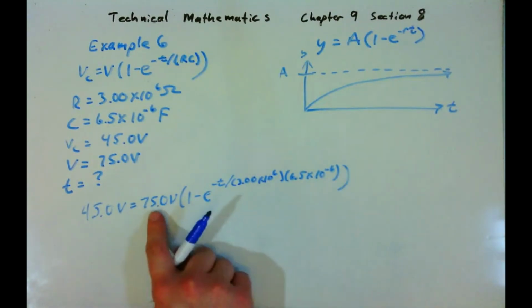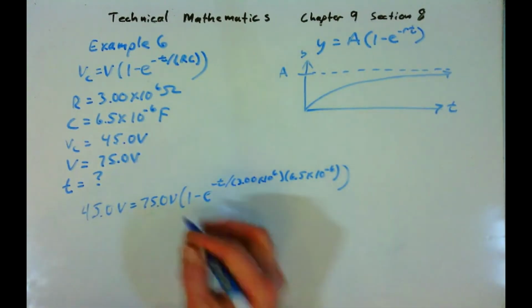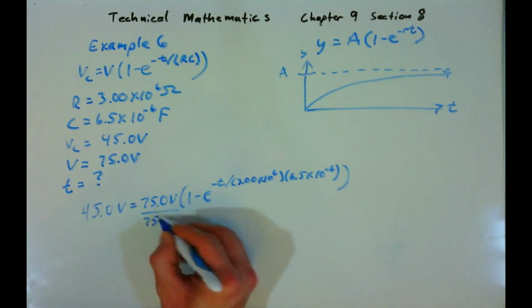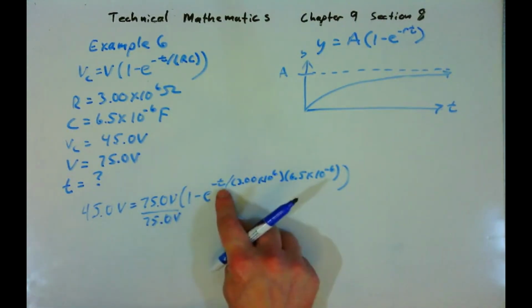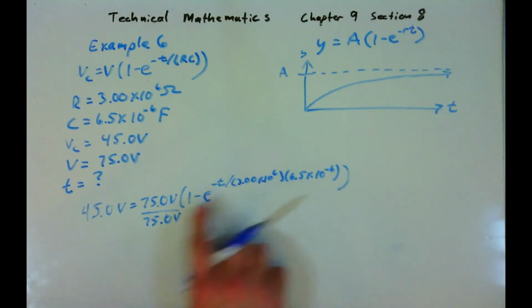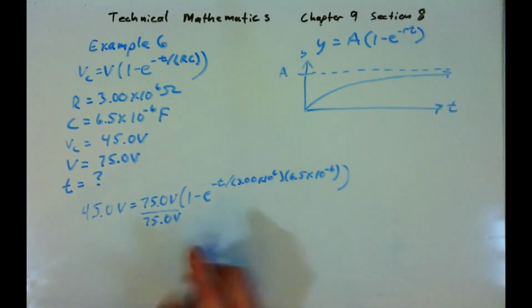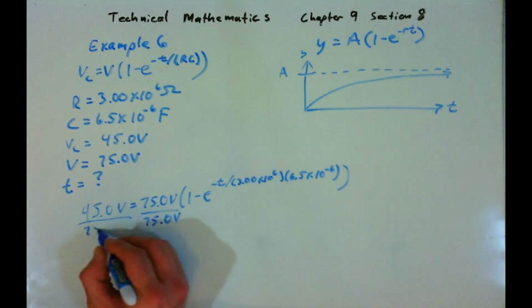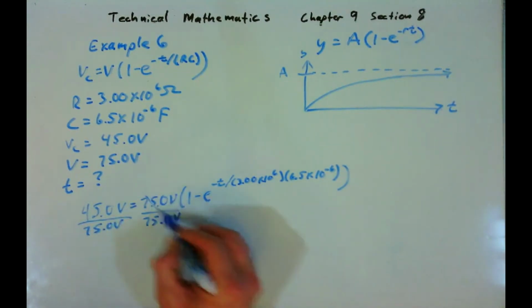And so we need to start by dividing by 75. We're trying to solve for t, and it's in the exponent of e. We need to get e all by itself with its exponent before we can take the natural logarithm of both sides. So we start by dividing by 75 on both sides.